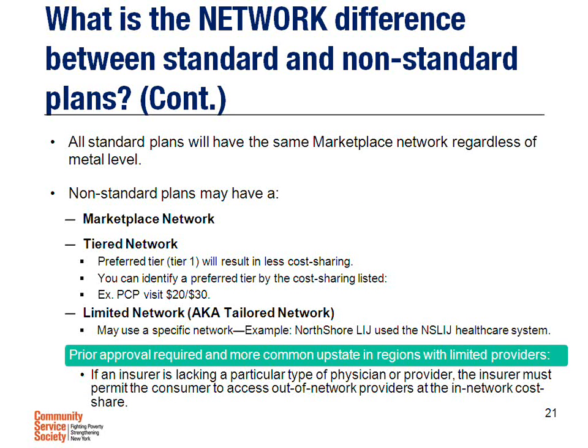And the last one is the limited network or tailored network. That means that those plans usually use a very specific network, and you want to make sure you make the client aware of that. Usually clients will tell you, I want Sloan Kettering, I want this hospital, and you'll narrow the searches by that. But it's possible, let's say, if it's a client in Long Island and there's North Shore and they're familiar with the North Shore LIJ healthcare system, that may be a really good plan for them, right?